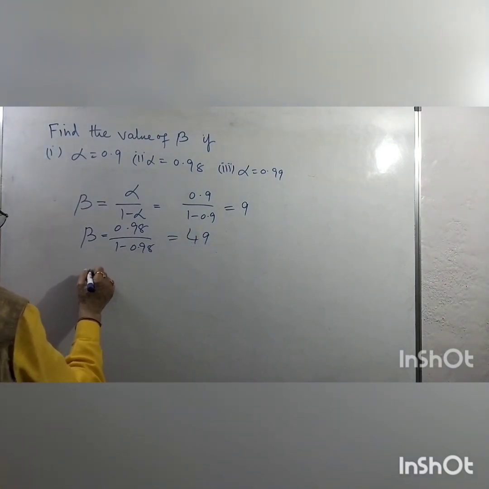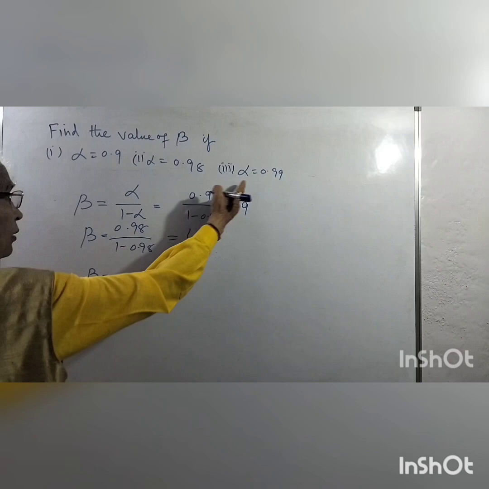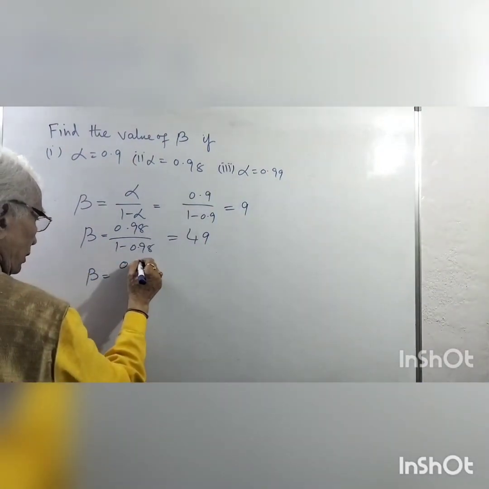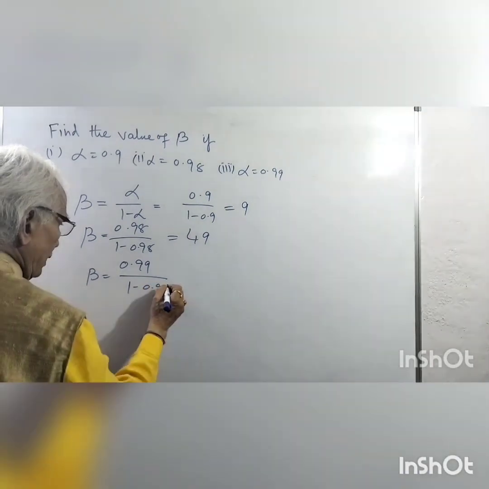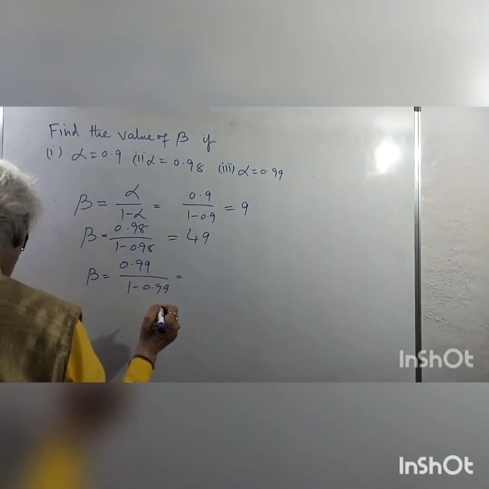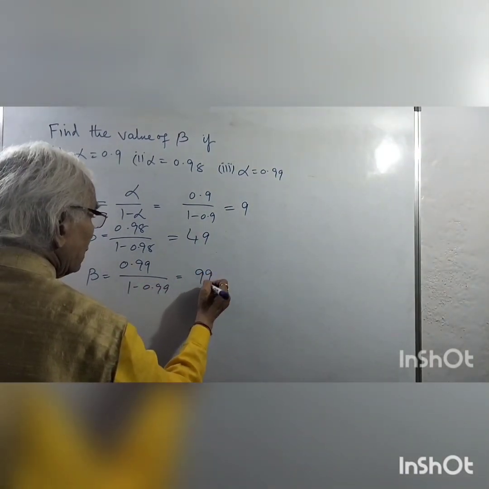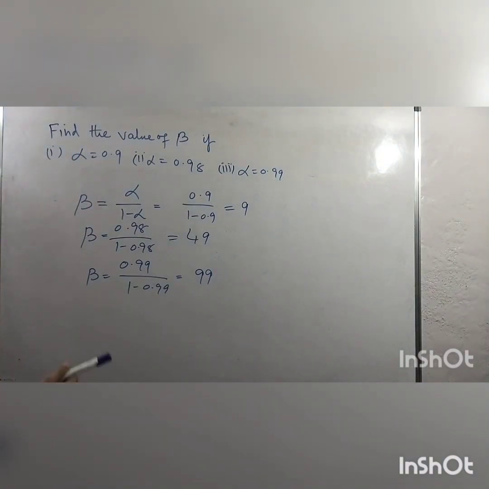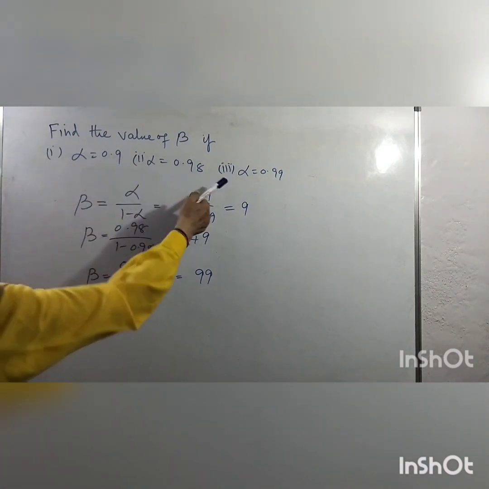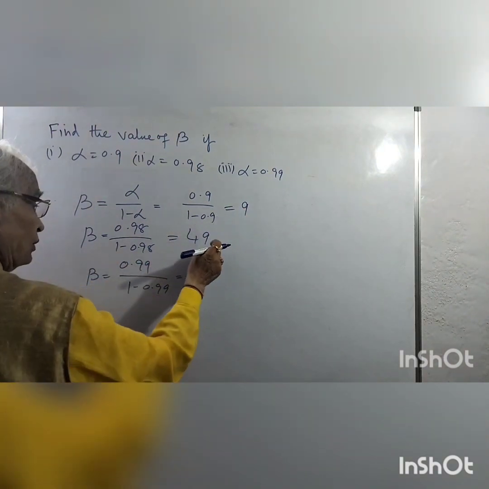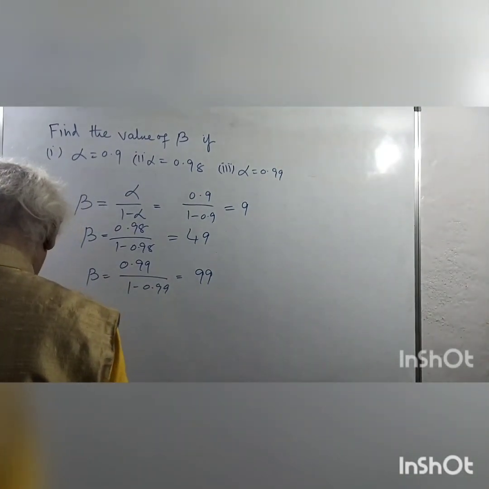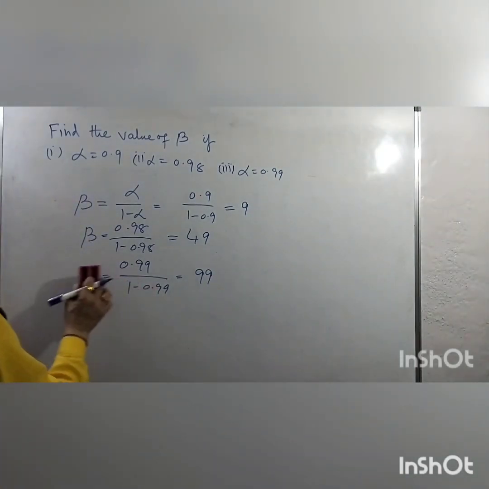And then next, third part, beta is equal to 0.99 upon 1 minus 0.99. And for this, it becomes 99. So for different transistors parameters, alphas, this value, beta is this much. How much? Very large. Starting from 9 to 49 to 99.